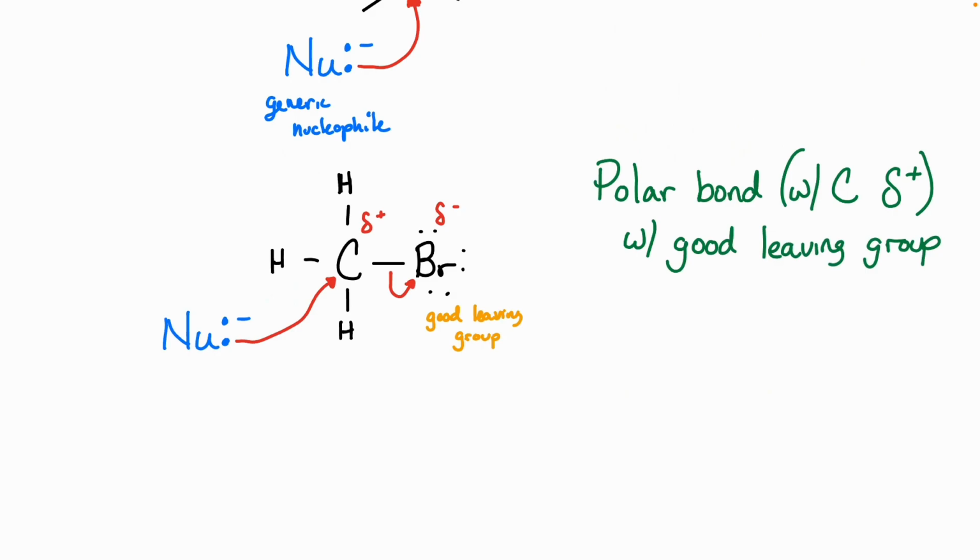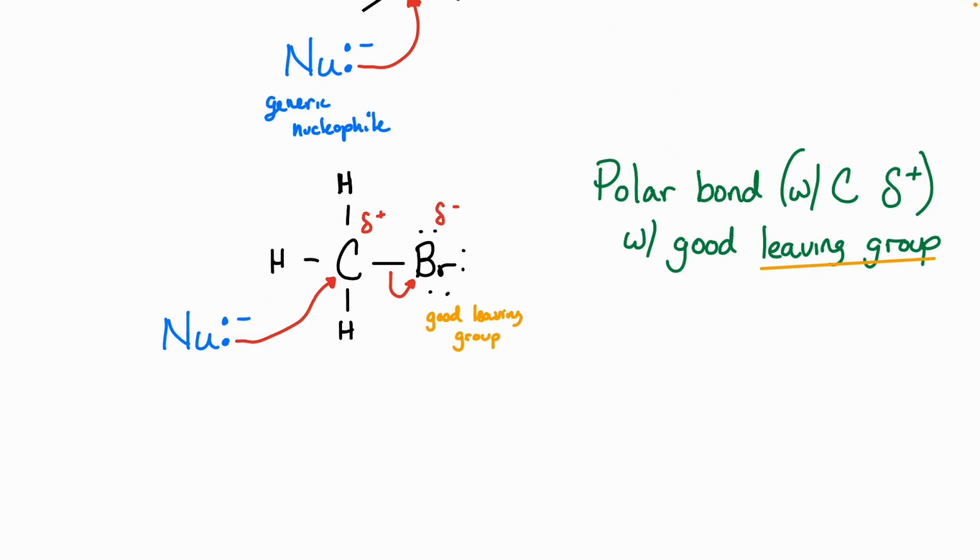All right, and so real quick, we now introduced another term here, leaving group. All right, what is it doing in the reaction? It's leaving. I mean, it's not the most creative name in the world. It's just something that gets kicked off.